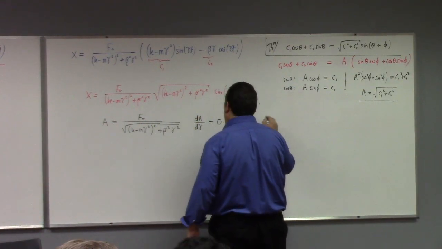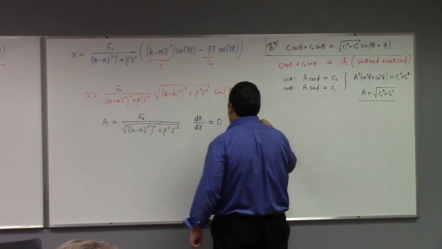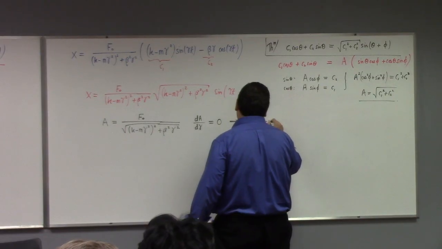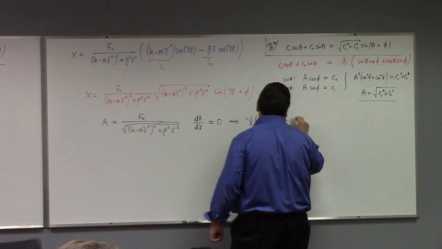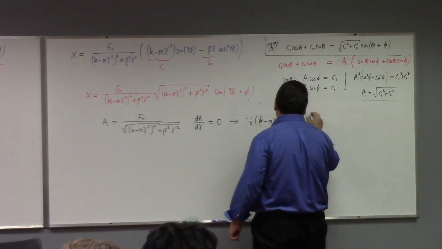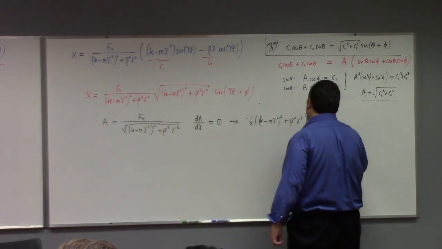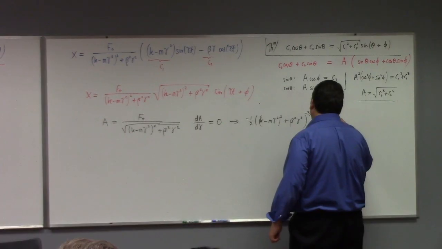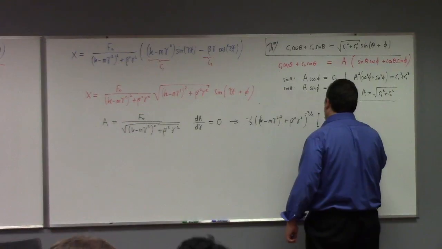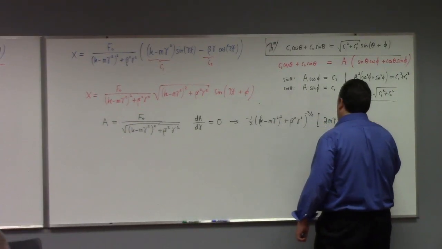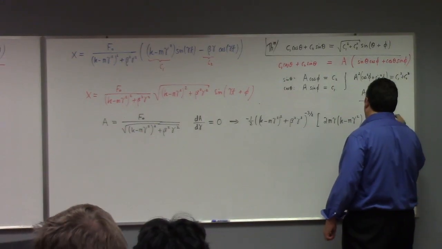And we have minus 1/2 times k minus m gamma squared, squared plus beta squared gamma squared to the minus 3/2 power, times the derivative of the inside, which is going to give me 2m gamma times k minus m gamma squared plus 2 beta squared gamma, I think, if I haven't made a mistake.